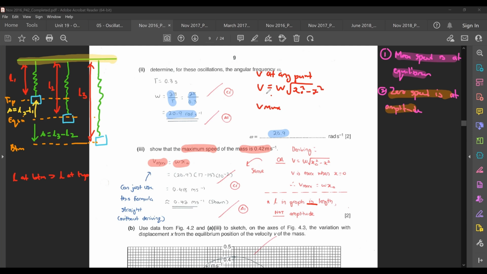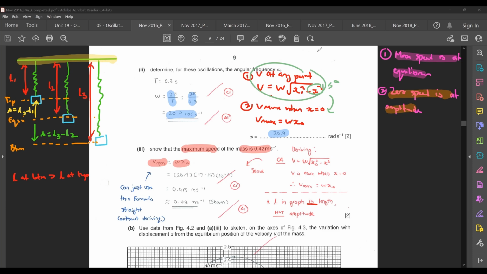But Vmax would always be omega x naught, because Vmax is when x equals 0. So this part here, you really just equate to 0. It will simplify to the expression that you see below. Okay, but you don't need to show the derivation. You just straight away can say that omega x naught is your Vmax.